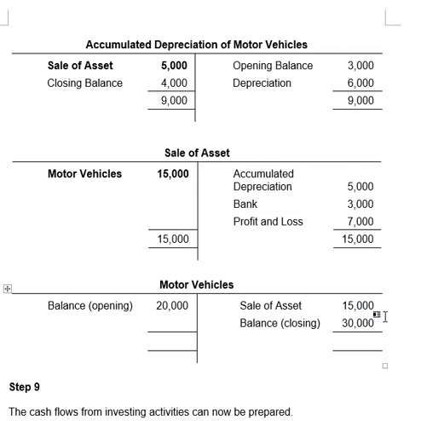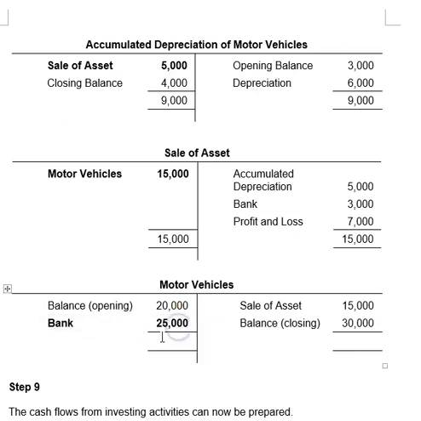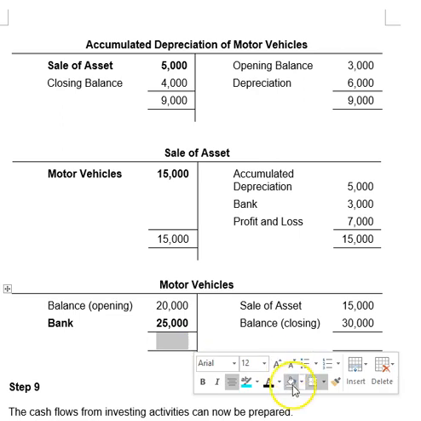Now our opening balance is 20,000. I sell off motor vehicles of 15,000, so I am supposed to have a balance of 5,000. But at the end of the day, I have 30,000. The reason is that I bought new motor vehicles that cost me 25,000.